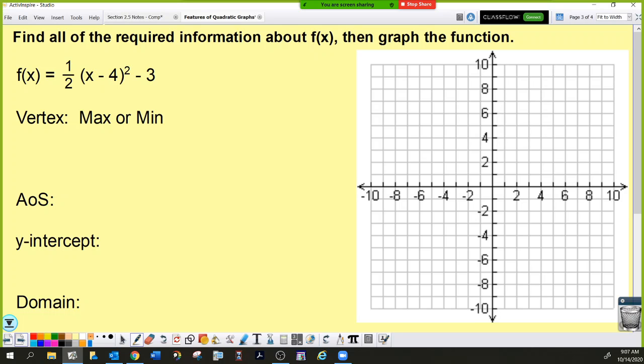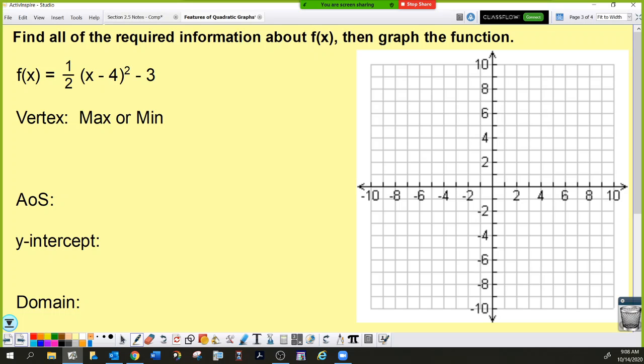And the x value where you switch is always the x value of the vertex, because the vertex is where the switch is going to happen. And since we're using x's to describe it, we always use the x of the vertex. The y of the vertex will always be the beginning or end of our range, always. The x of the vertex is the switch for increasing and decreasing.